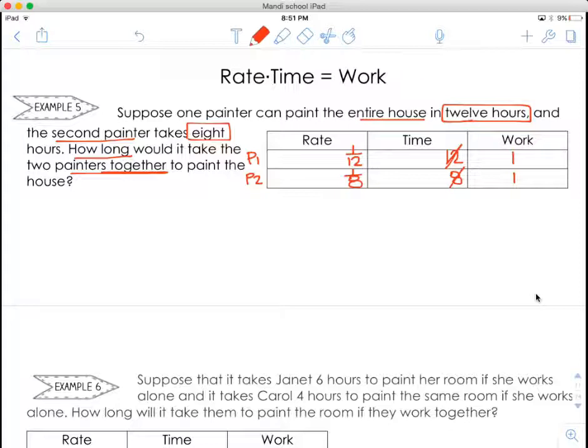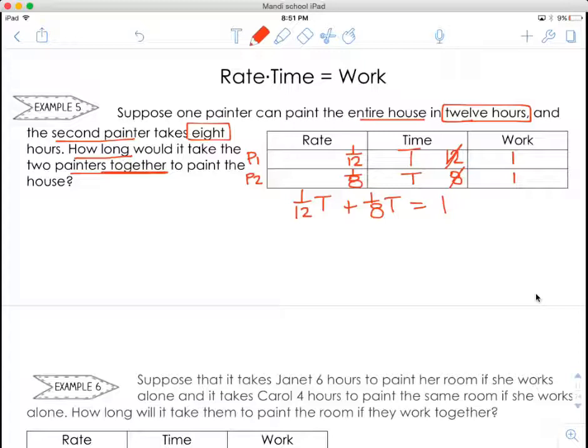We want to know how long. So we actually want to know the time when they're working together. So the time, rate times time, working with painter 2's rate times time to equal the total of one house.